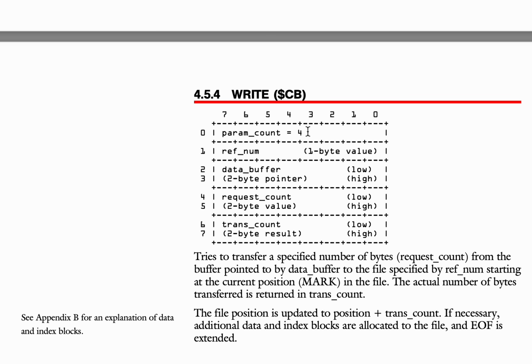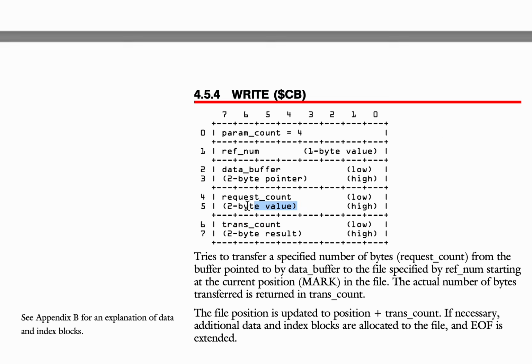So write has a param count of 4, and then needs a reference number, which is the file descriptor, and then this data buffer, that is the pointer to the data buffer from which the data to be written to the file comes, is here. And then there's going to be the number of bytes that you want to write, and then the result of how many it actually wrote.